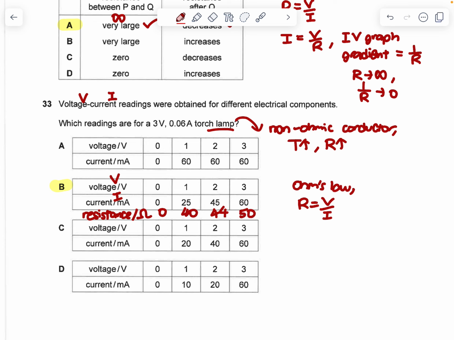You realize that this trend shows that the resistance is increasing. So, B.